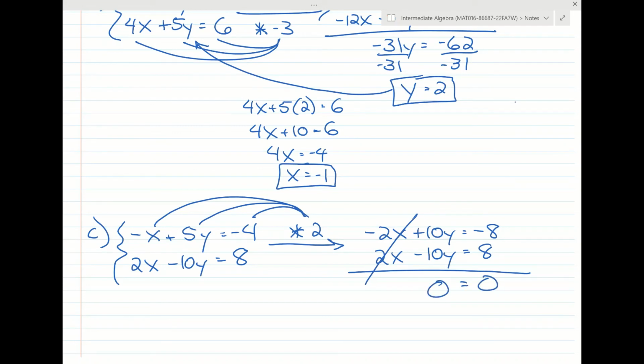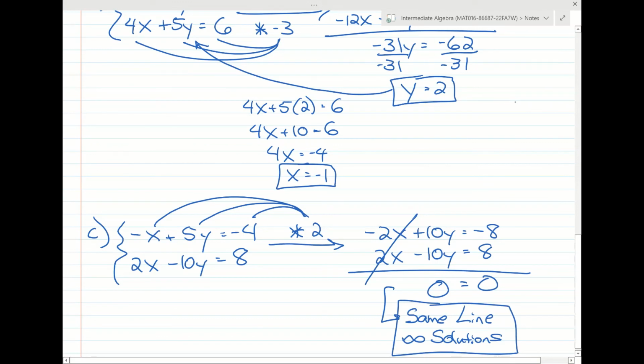We just get 0 equals 0. But when we have 0 equal to 0, if you look back to your notes, this means that we have the same line, and there's an infinite number of solutions. The way you draw infinity is just a sideways 8.